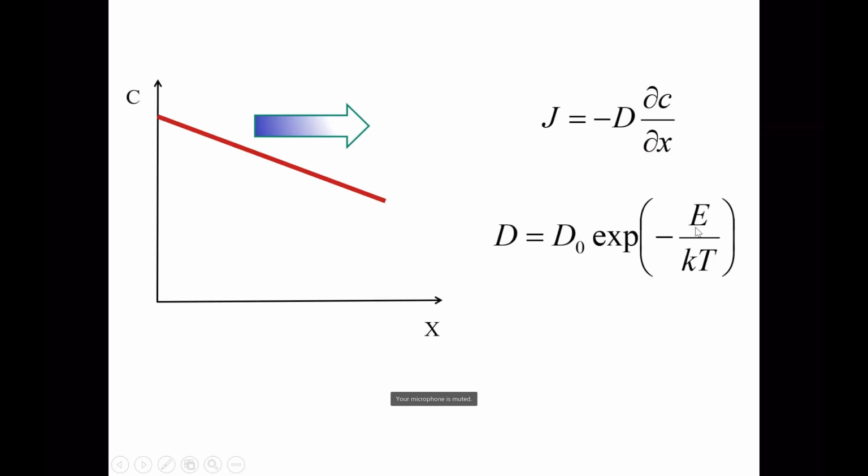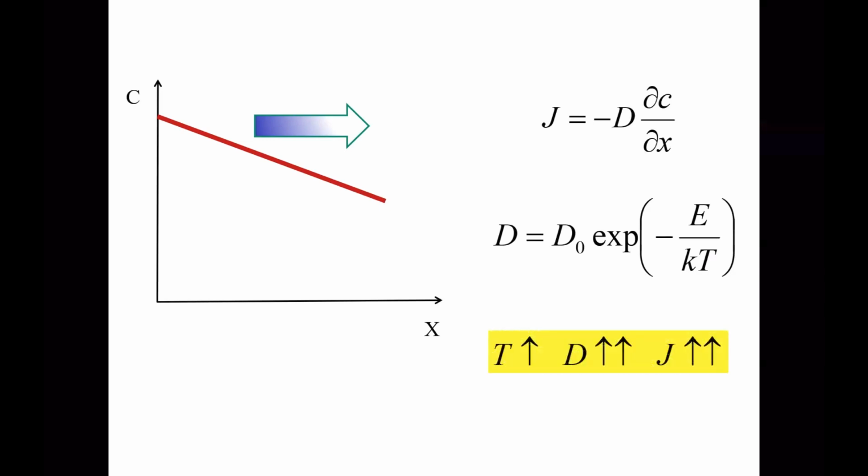This is a parameter that characterizes how much energy is necessary for the molecule to be shifted at one step. For instance, jumping from one position to the other one, what is the energy that we need for this shift?